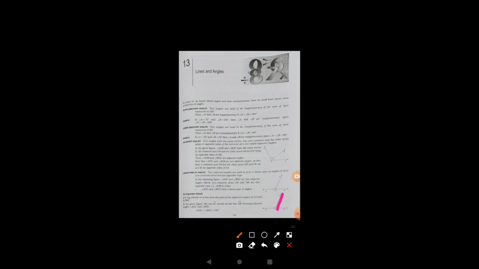These are adjacent angles, and you can see this ray stands on a line. This is a line, meaning the opposite arms of both angle 1 and angle 2 are opposite rays, forming a line, so we can say these are linear pair angles.